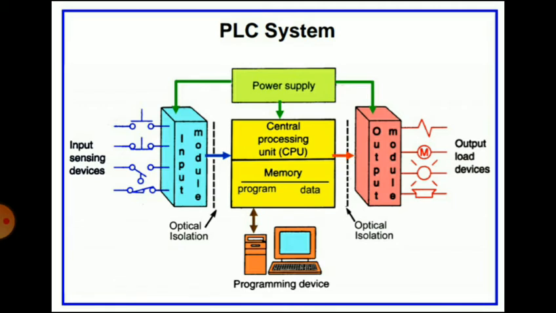At the right hand side there is an output unit, or input module and output module. Then programming device. At the bottom you can see the programming device. Then memory unit. You can see at the center there is a memory unit, and at the top, fifth is the power supply. So these are the 5 basic parts of PLC.